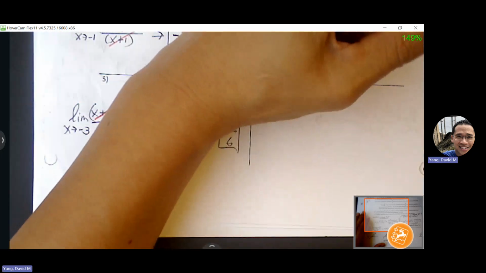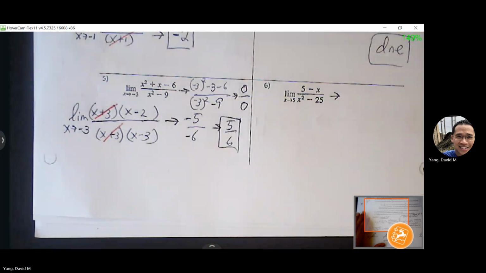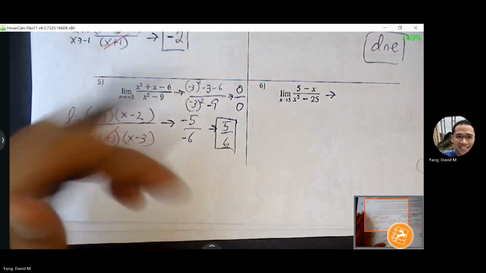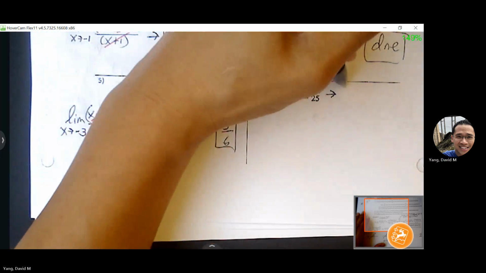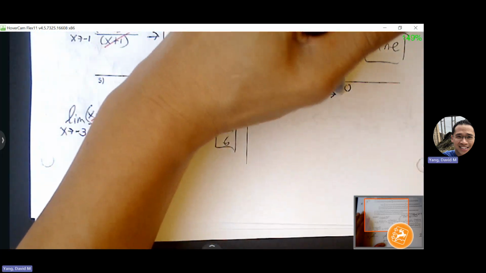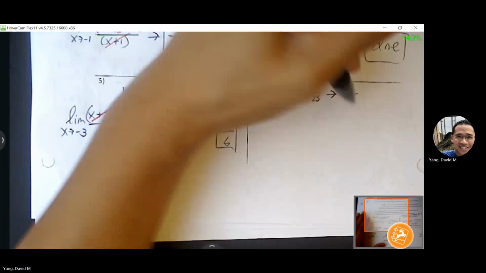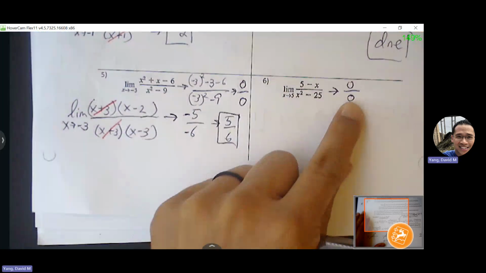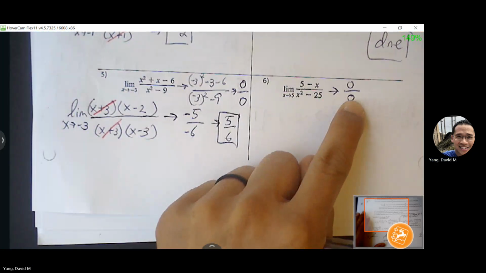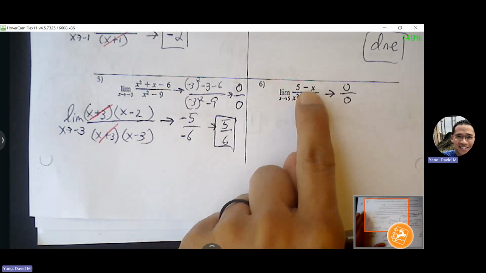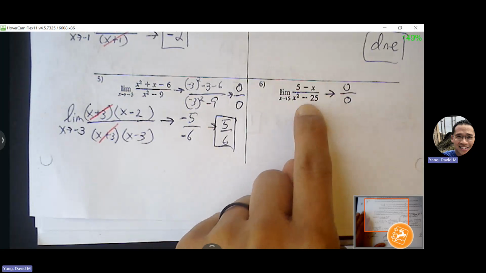All right, number 6. All right, first steps first. Direct substitution, right? 0 over 0. Okay. We can't do anything in the numerator, but we can do something in the denominator.